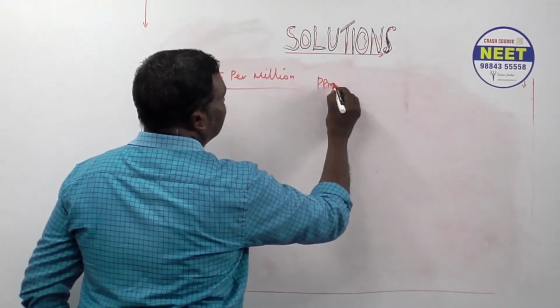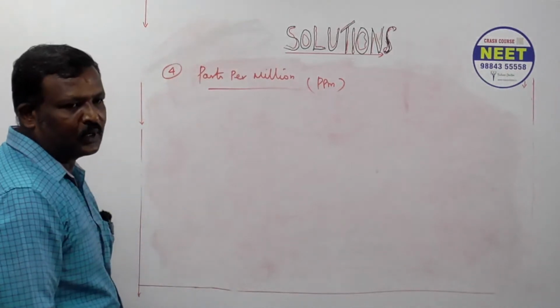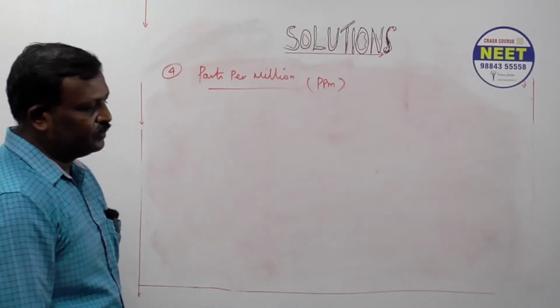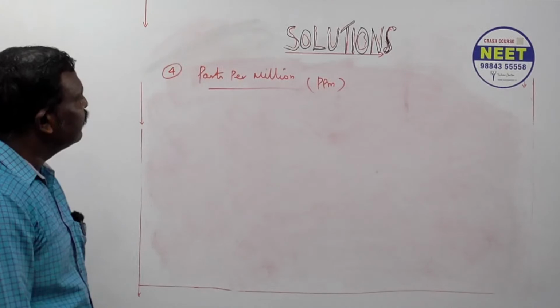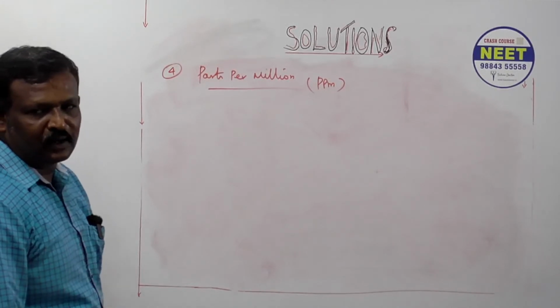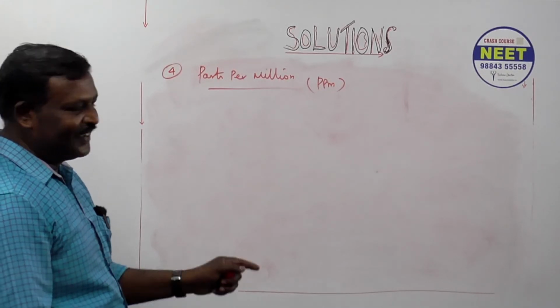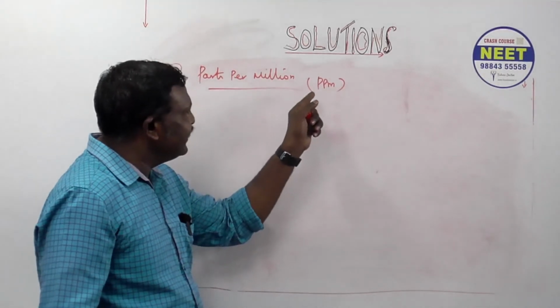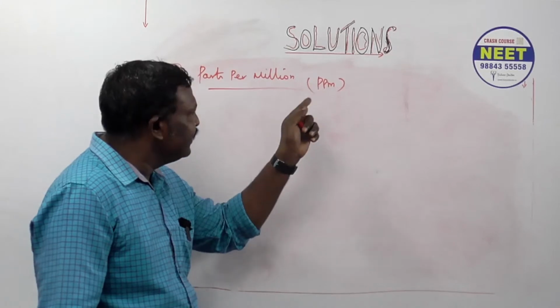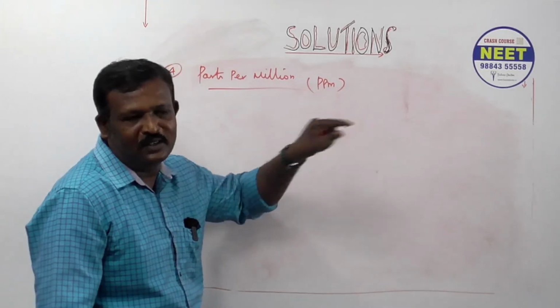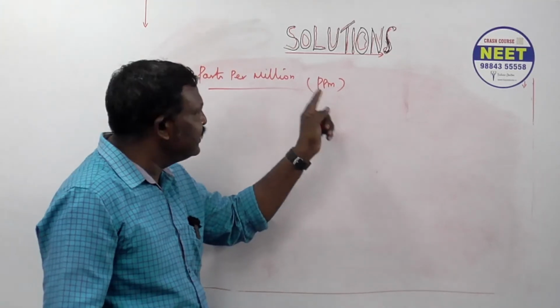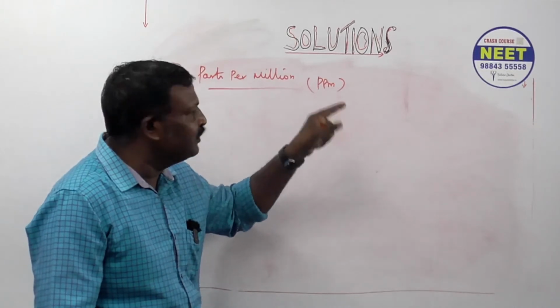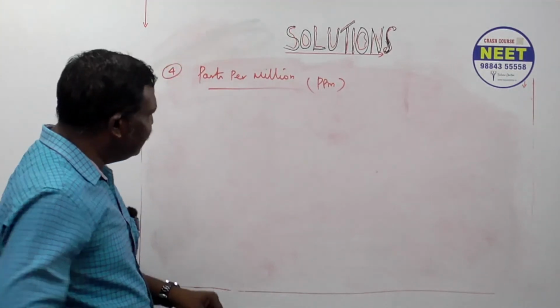Simply you can write ppm. PPT is also there, not that PPT, not PowerPoint presentation. That is called PPT, meaning parts per thousand. Okay, parts per thousand. This is called parts per million. Just we are comparing.